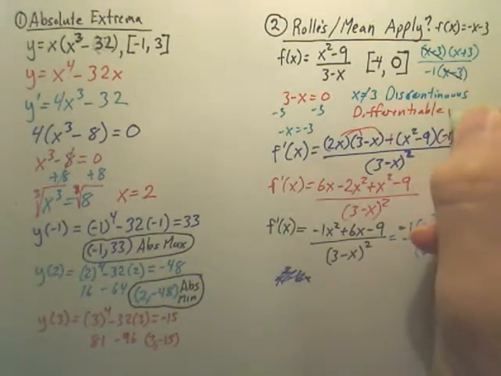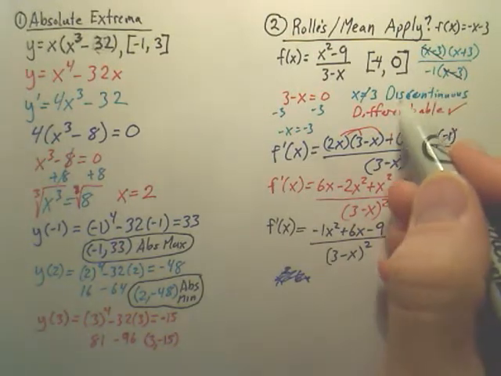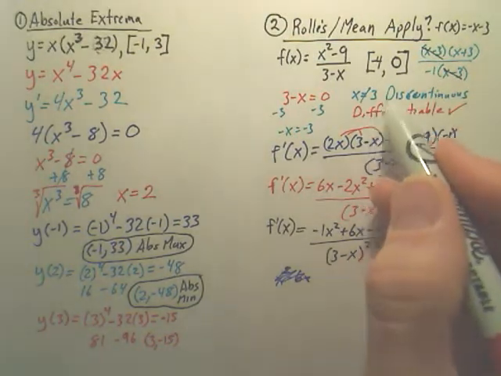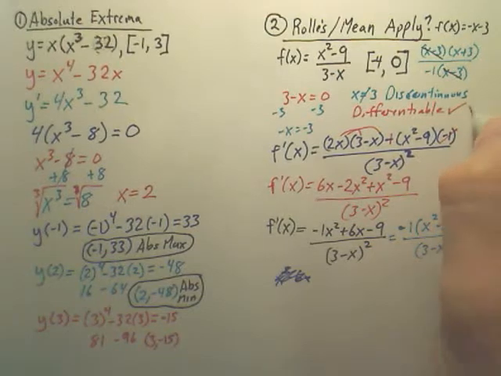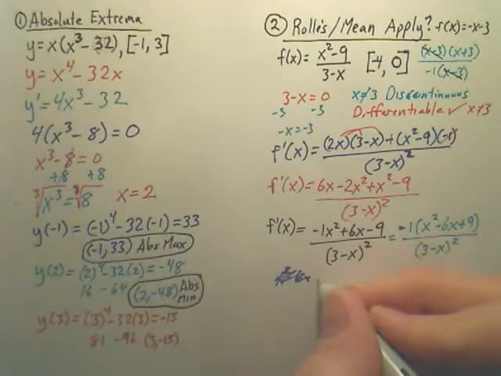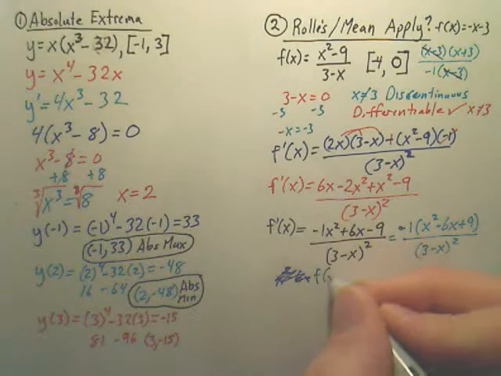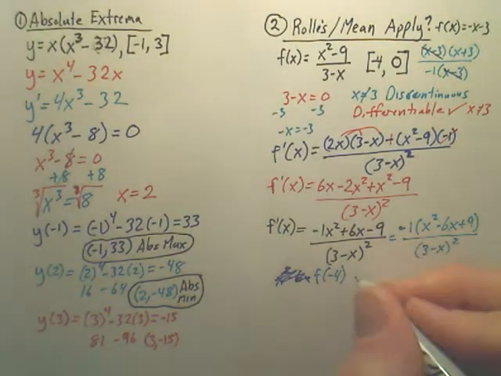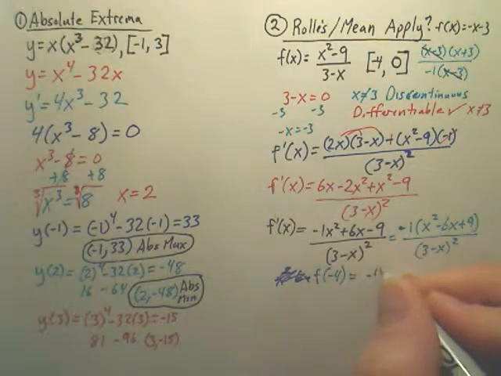It's continuous, the discontinuity is not on the interval, and it's differentiable except that x cannot equal 3, but we already took care of that. So we're good. Now we're doing mean value or Rolle's, but you have to plug in the two endpoints. I've taken a much harder route, so hopefully you don't do the same thing on a test.